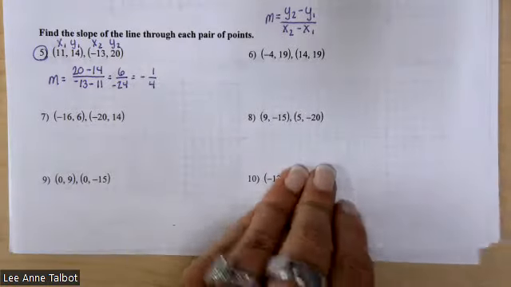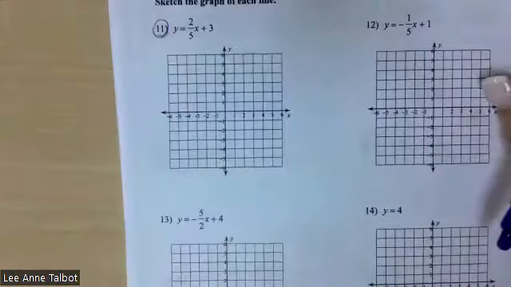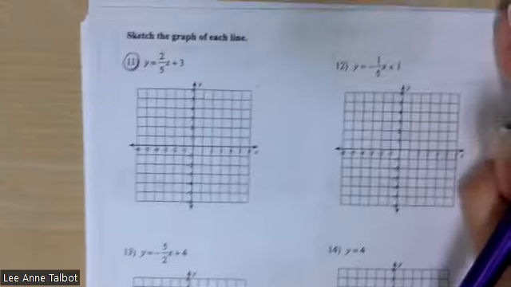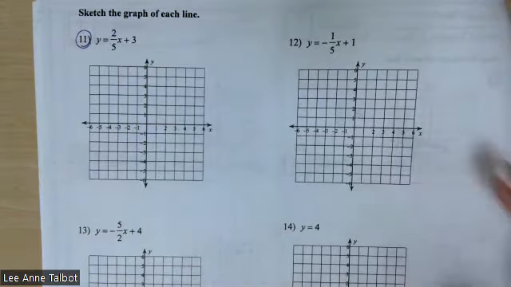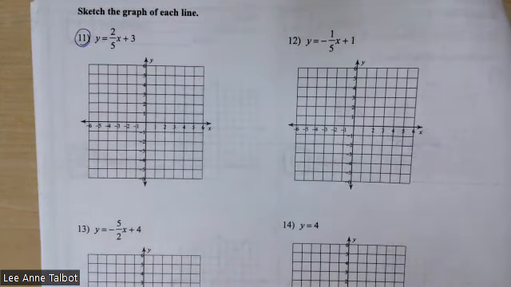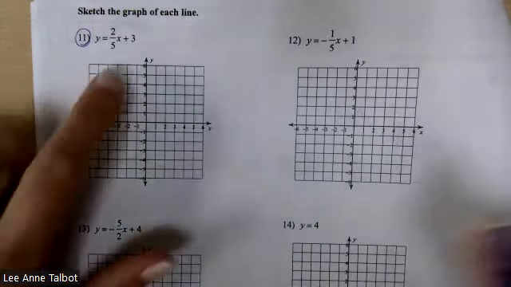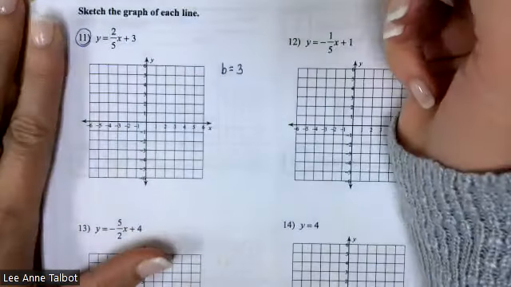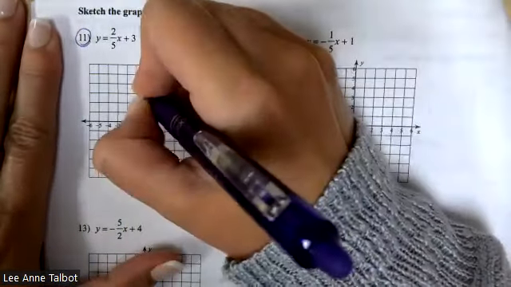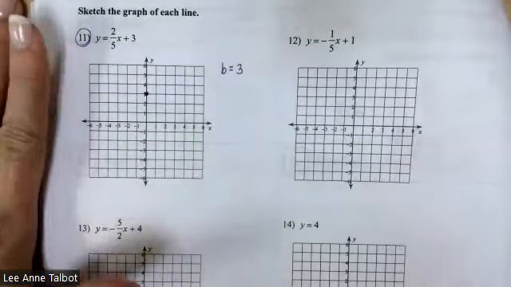Okay, now find number 11. Sketch the graph of each line. Okay, so you want to start with B. B is 3 on this problem. So you're going to go up 3 to the y-intercept.